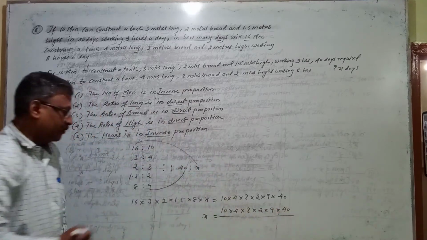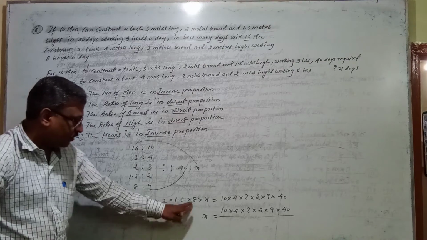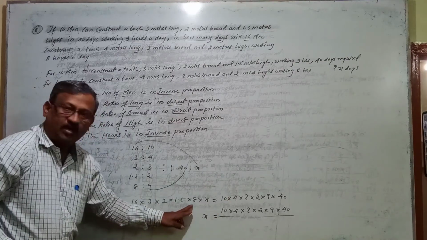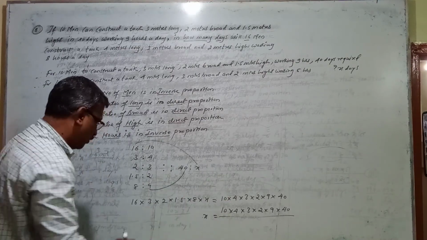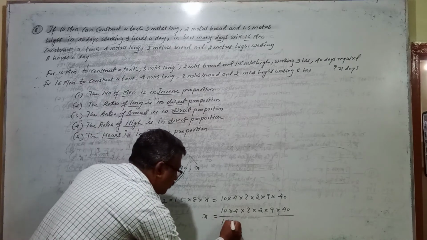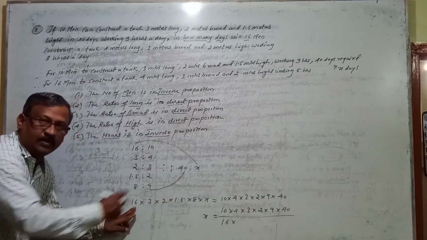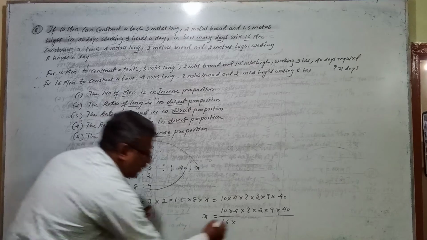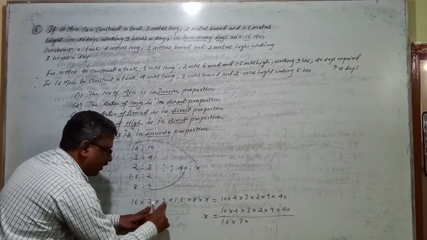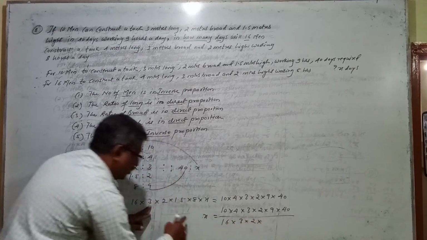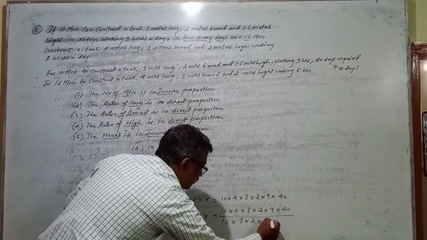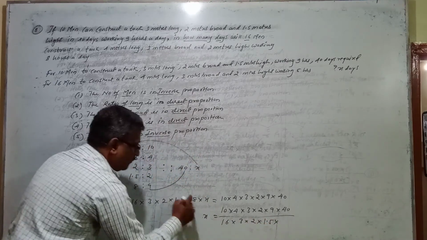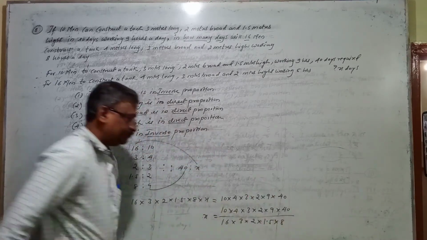Now I want the x value, so straight away you bring x outside. So x is equal to 10 into 4 into 3 into 2 into 9 into 40, divided by, transferring all these values to that side, all these multiplications become division, so divided by 16, divided by 3, divided by 2, divided by 1.5, and divided by 8.